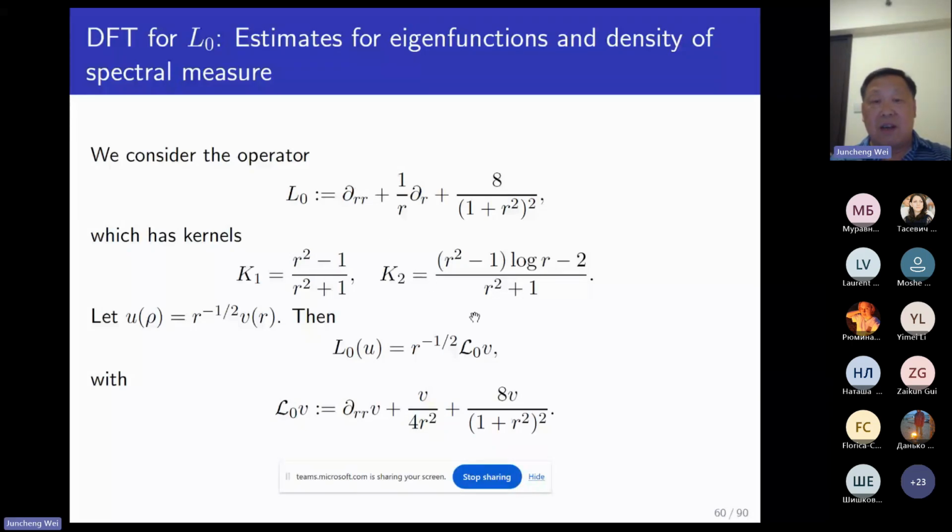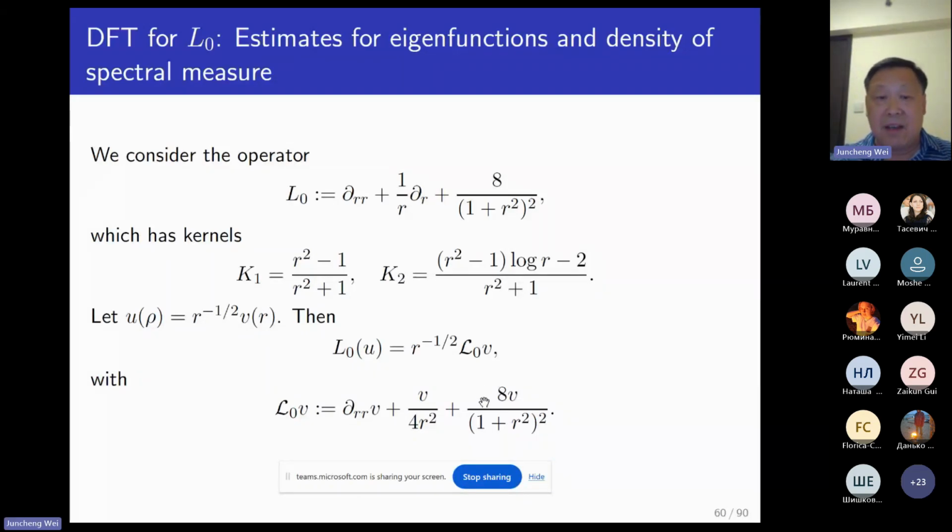This becomes a second order derivative plus the Hardy potential, V over r square. But then you have some extra terms here. If you don't have this extra term, this is just the Hankel transform. But with this term, the problem becomes more complicated.